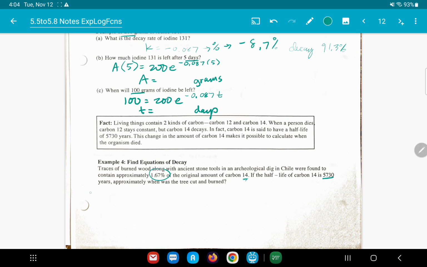The way we talked about using our basic formula: A of t is equal to a sub 0 e to the kt. Let's fill in what we know.